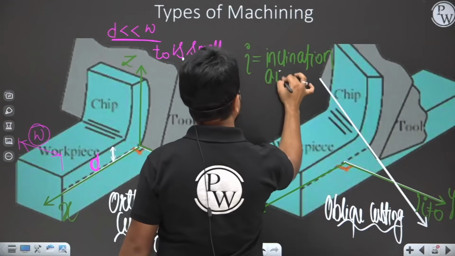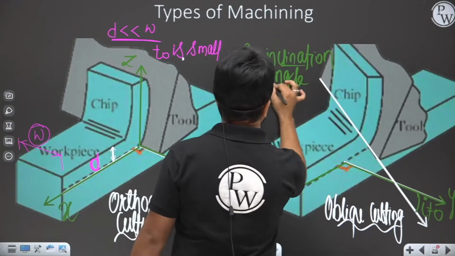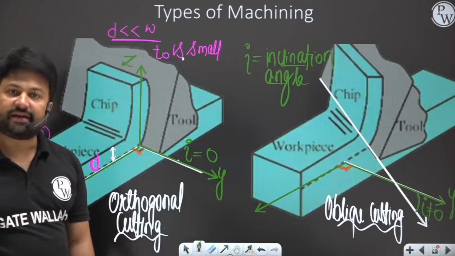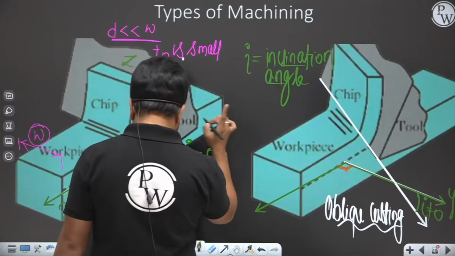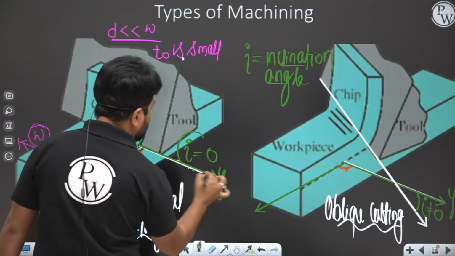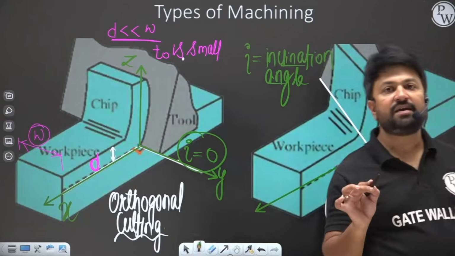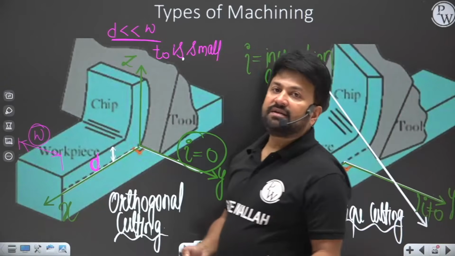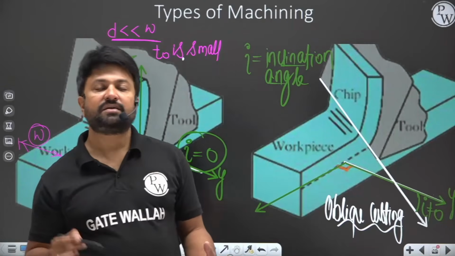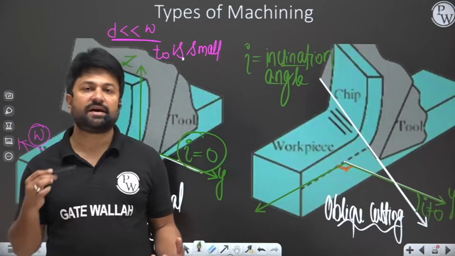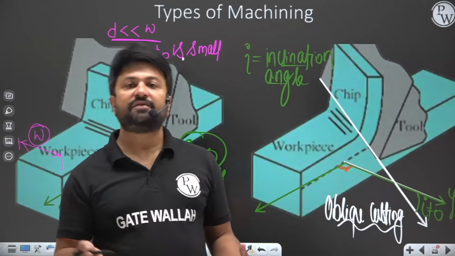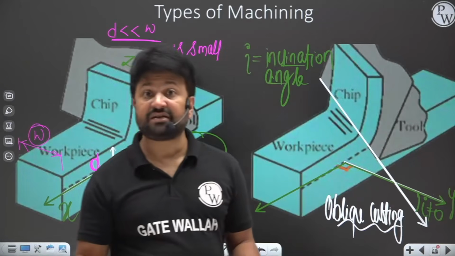My dear friend, generally in orthogonal cutting, the value of I is 0. If I say that the cutting is orthogonal, you have to select I as 0. But if I is 0, does it mean it is orthogonal cutting?